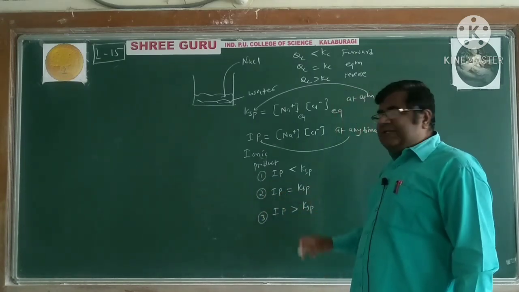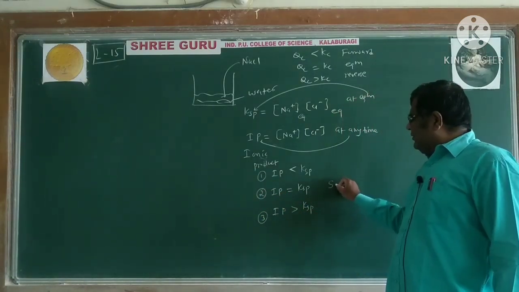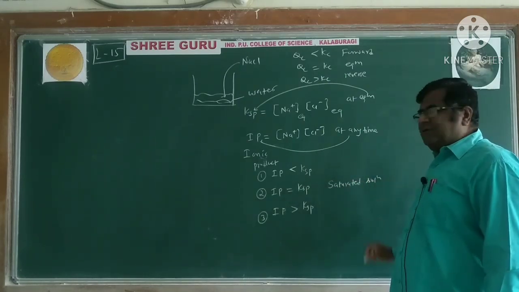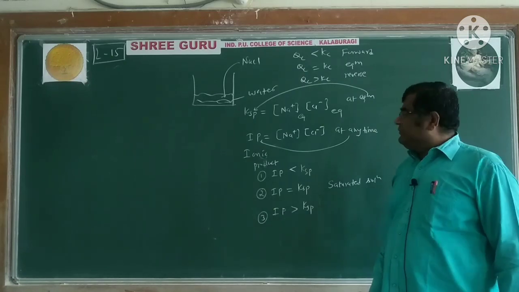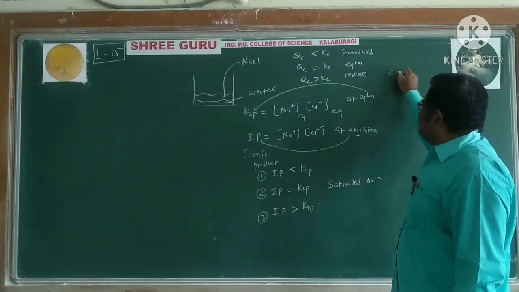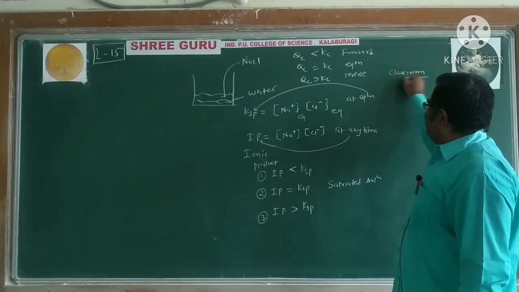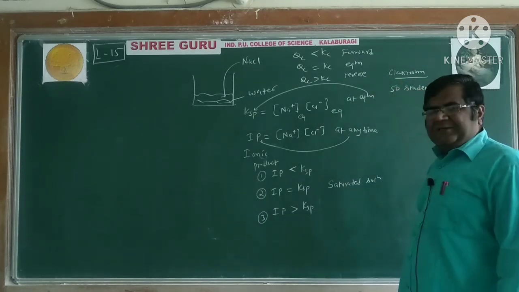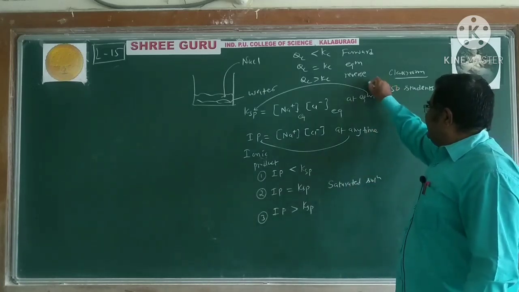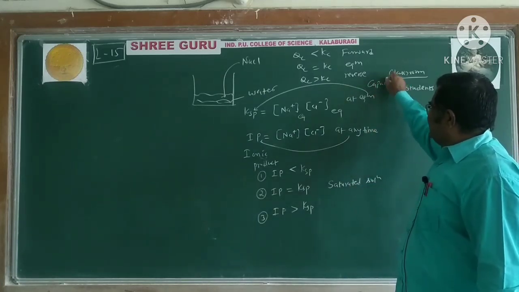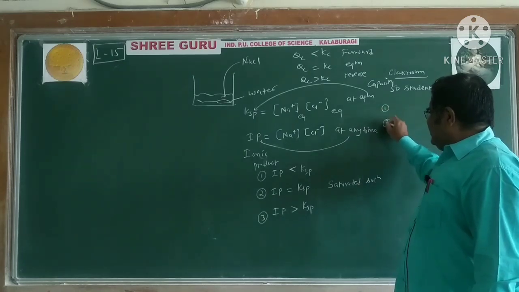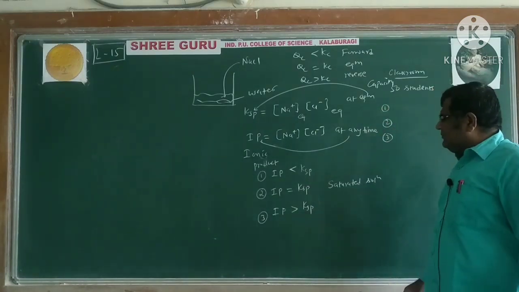When ionic product is equal to Ksp, that solution is called a saturated solution, meaning its limit has been reached. For example, one classroom is there, and in that classroom say 50 students are sitting. Capacity is 50 students. We'll consider three possibilities.